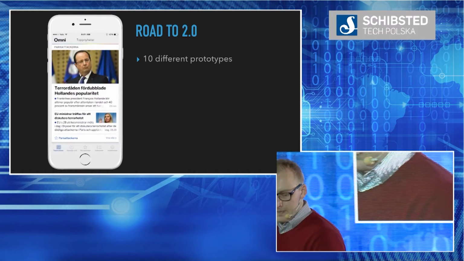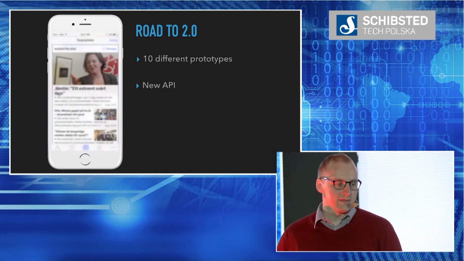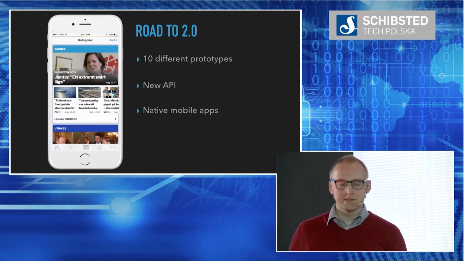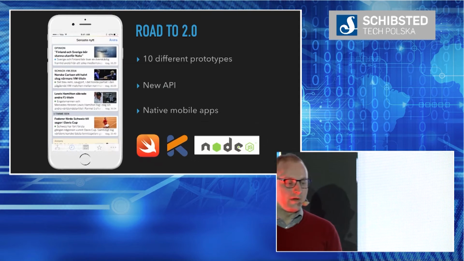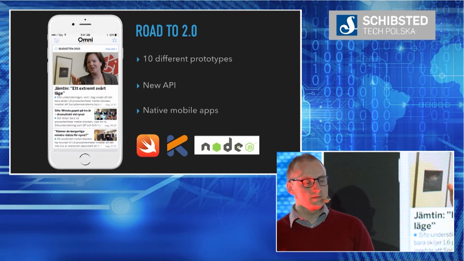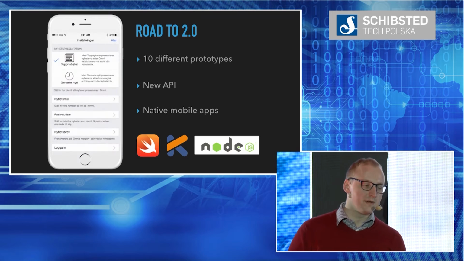At the same time, we started developing new API and mobile clients and designing completely different user interfaces for iOS and Android. Our UX designer developed over 10 different high-fidelity prototypes tested with real users in weekly sessions in our office in Stockholm.